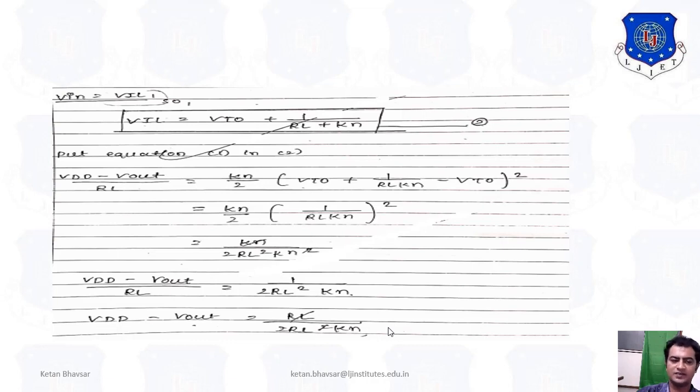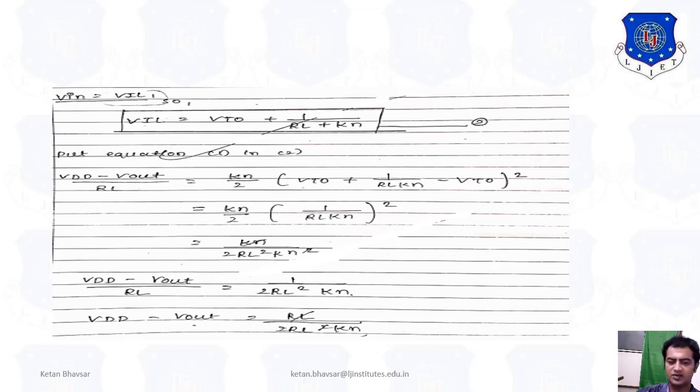So (VDD minus Vout) divided by RL is equal to Kn by 2. Instead of VIL we put right now VTO plus 1 divided by RL Kn, minus VTO, whole square. So Kn by 2 into 1 divided by RL Kn square, so it will cancel out. We have the equation (VDD minus Vout) by RL is equal to 1 divided by 2 RL square Kn.